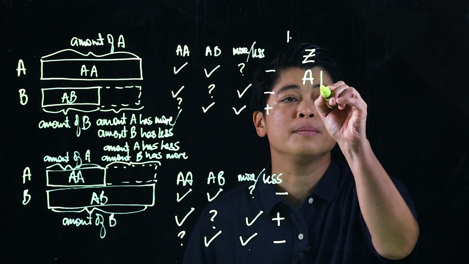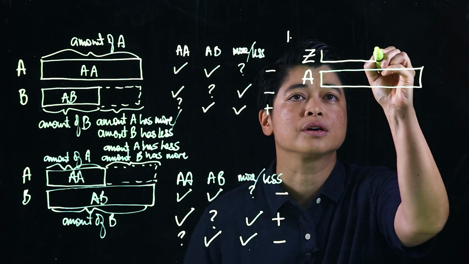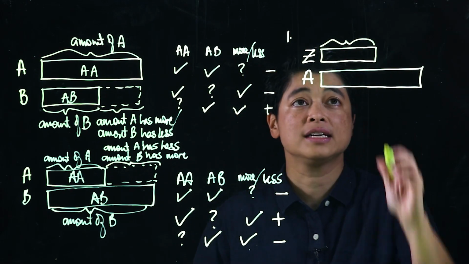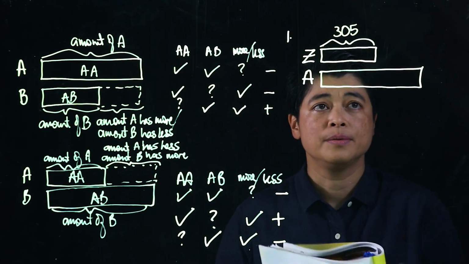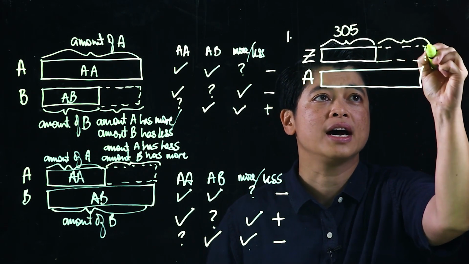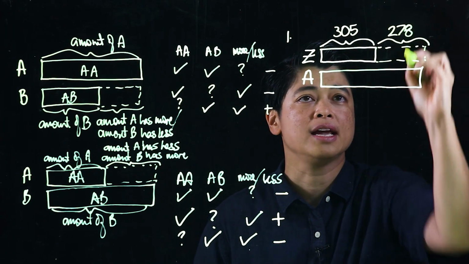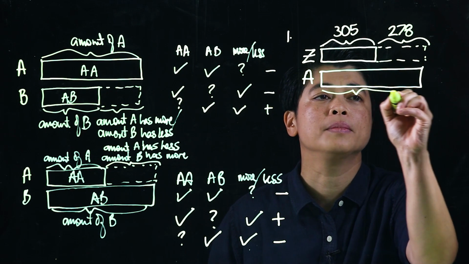So we have the zoo and the aquarium. This is problem number 1. So the aquarium is longer and the zoo is shorter. This we know. So 305 went to the zoo. This is the amount fewer, so we know that is 278. The question is, how many children went to the aquarium?